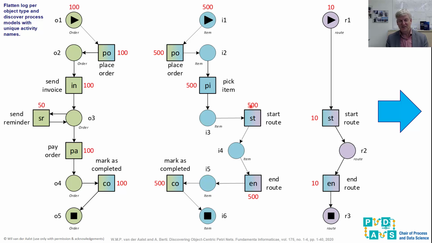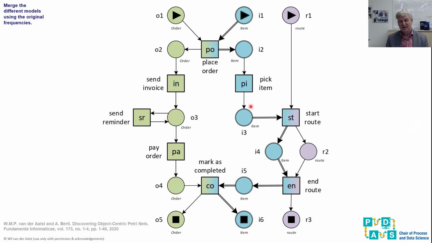So we first do this, and in isolation, they are correct. And then I merge these models, but while doing that, I ensure that the numbers are correct. The way to do that is that I bring back the frequency of every activity to the real frequency as it was in the log.